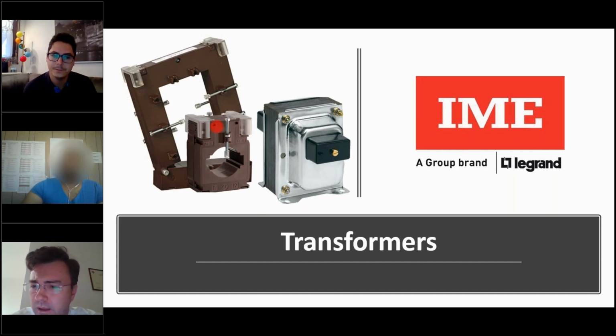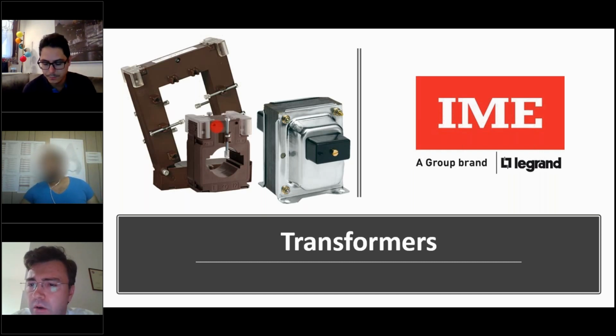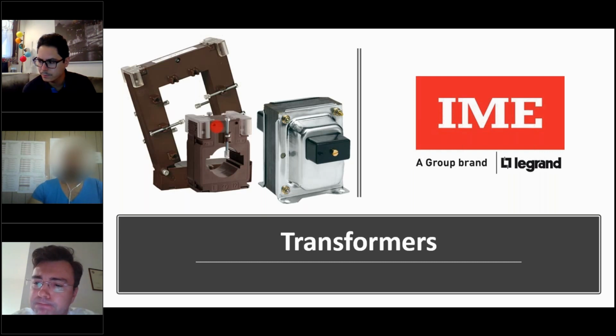Okay. Several questions from Hussam. If I have 1000 or 1500, 2000 kVA, what is the required class for the CT? It depends on the type of measurement you need.